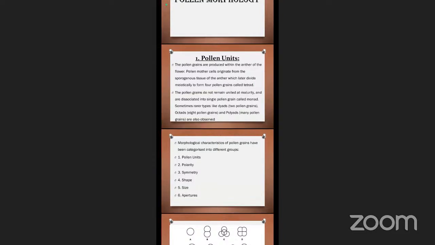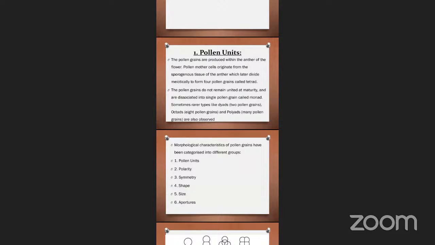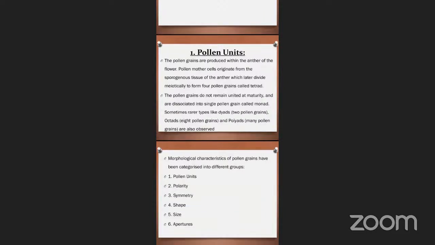Pollen unit means the pollen grains are produced within the anther. We already discussed in the first unit about microsporogenesis. Microsporogenesis means production of microspores in anthers, which are developed by meiotic division. After meiotic division in the microspore mother cell, the pollen grains appear in tetrad condition.